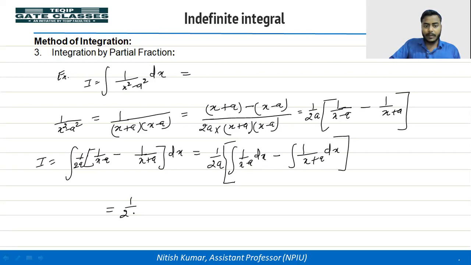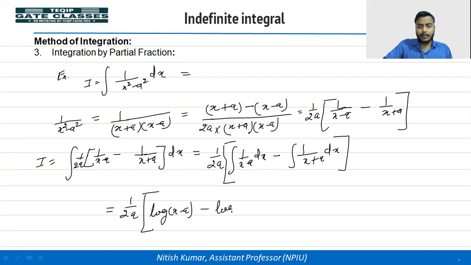So we get 1 by 2a; for 1 divided by x minus a we put t, so dt equals dx, and we write log t, where t is x minus a. So we get log of x minus a minus log of x plus a.